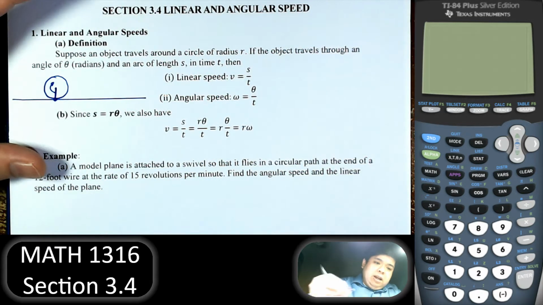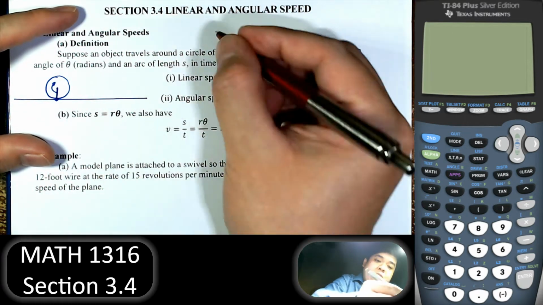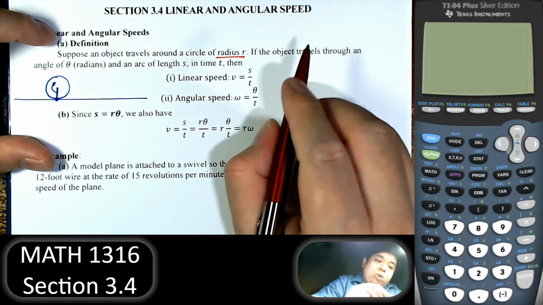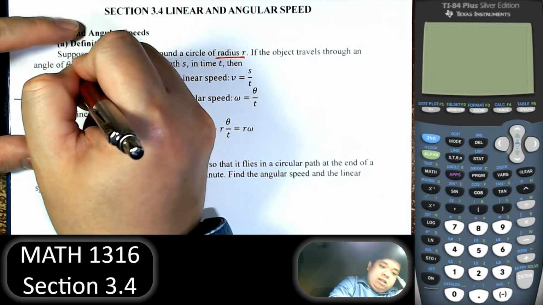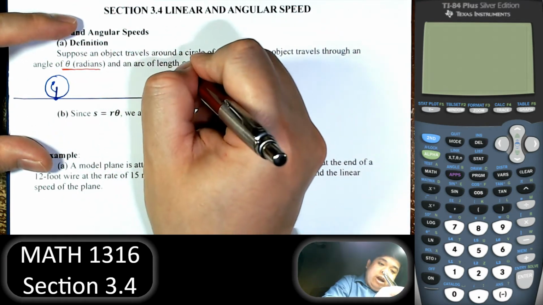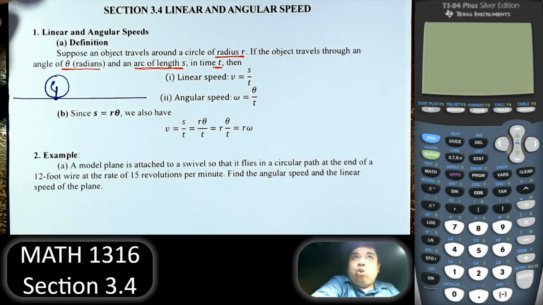So if an object travels around a circle of radius r, so r is the radius, an object travels through an angle theta in radians and an arc length of s, so s is the arc length and time is t as usual.